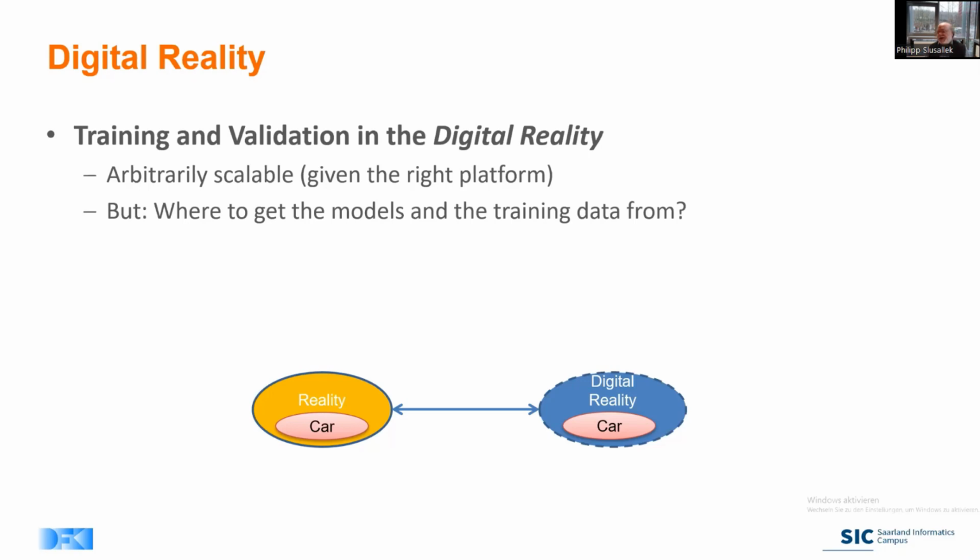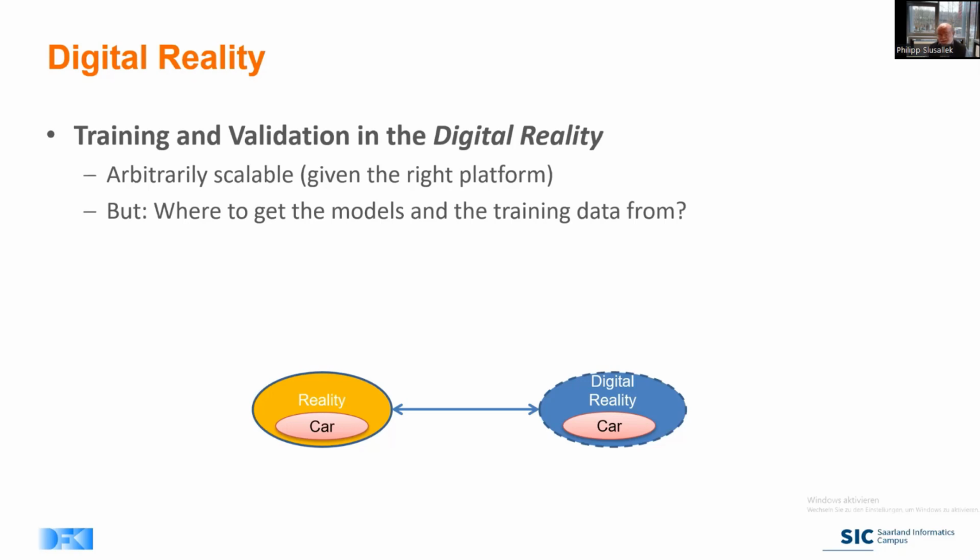But the question is, where does the data come from, right? And it turns out that the systems they're using, even today, are mostly computer game technology, right? And a lot of the models are often also computer game models, for instance, for pedestrians and other data. And you could argue, well, they look really good, right?